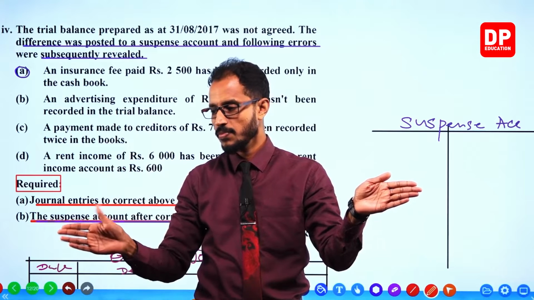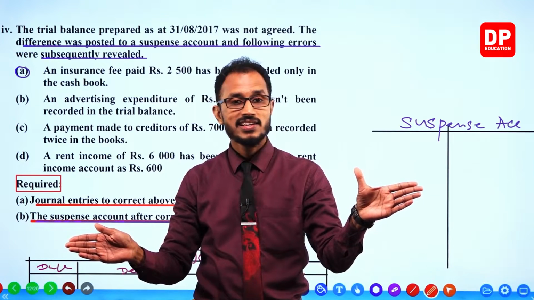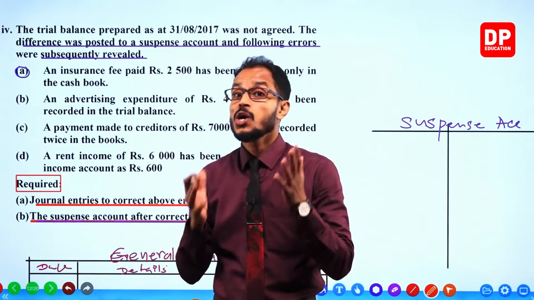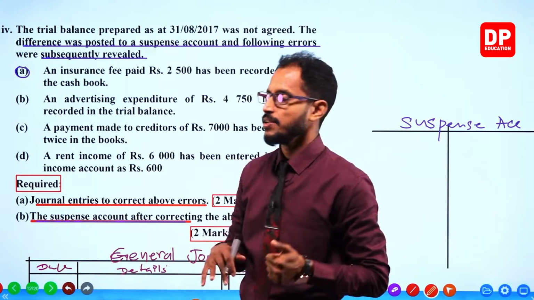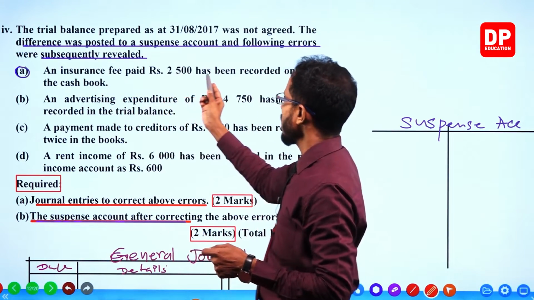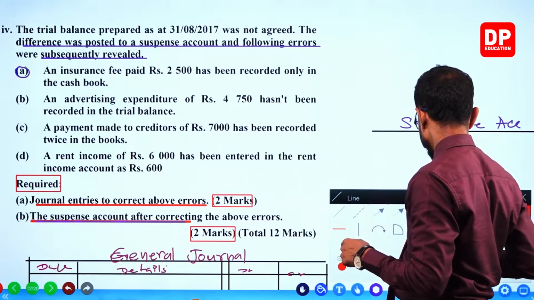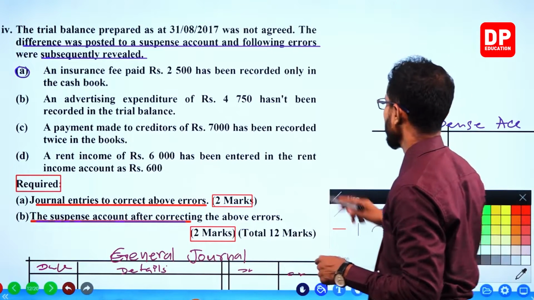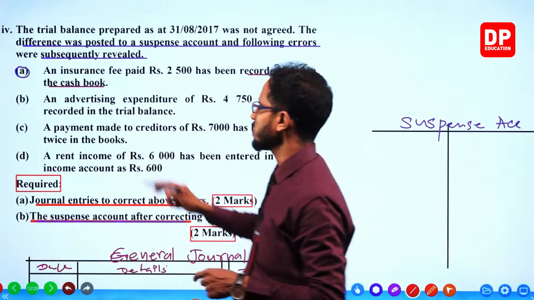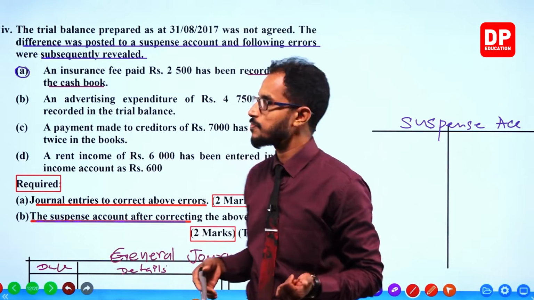So the insurance account should be debited. The problem is it is not debited. It is recorded only in the cash book, not in the insurance account.